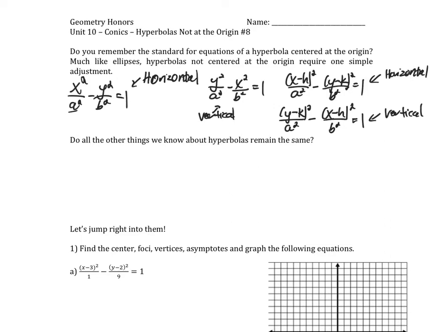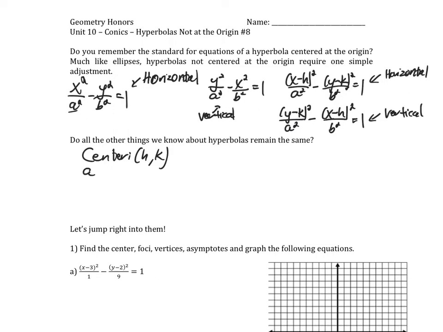Okay? So let's talk about the things we know about hyperbolas and what remains the same. Let's run through the things here. The center is going to be at (h, k), or opposite of h, opposite of k, however you want to think about it.